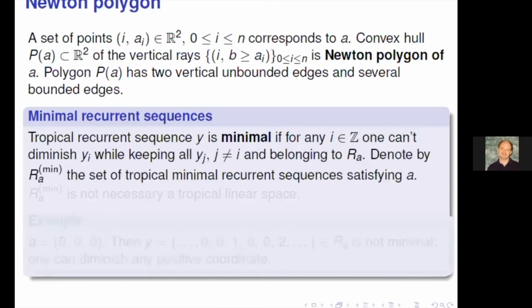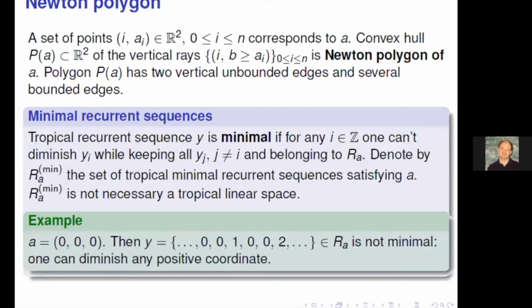Then we call it a minimal recurrent sequence. And the set of all the tropical minimal recurrent sequences is not necessarily a tropical linear space.